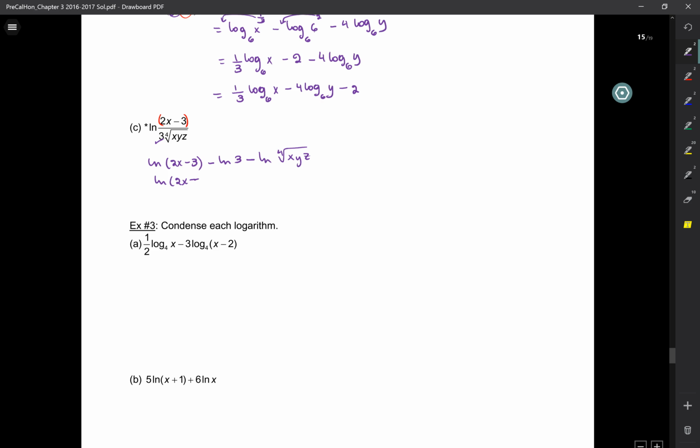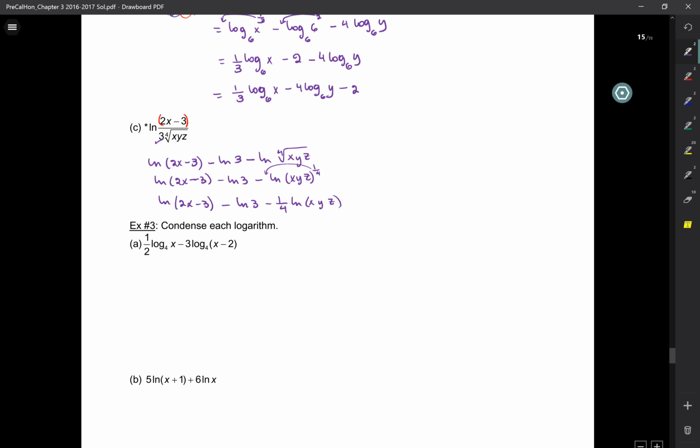This is ln of 2x minus 3 minus ln of 3 minus ln of xyz to the power of 1/4. So the 1/4 will come down. Ln of x, y, z.